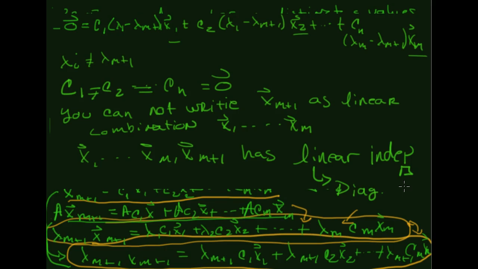Now, from there, I can wind my way through this to show that if I have n distinct eigenvalues, which is the key fact here, I can show that having m linearly independent eigenvectors will now force me to have m plus 1 of them. And I can keep doing that until I get all the way to n, regardless of what n is.